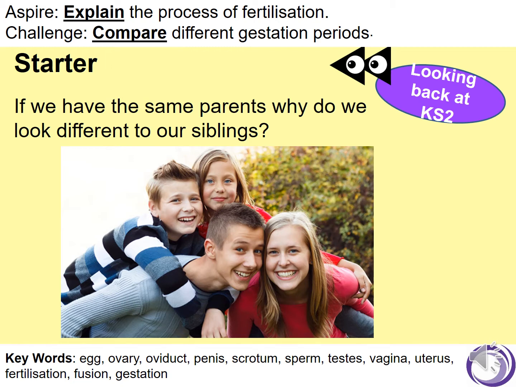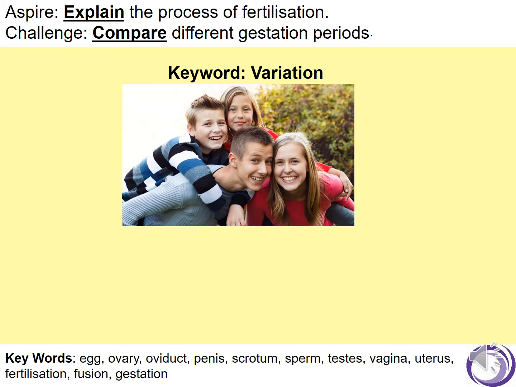We could talk about the shape of a face, etc. And of course, all of these factors are passed on from our parents. And as we have learnt about the word gametes, we should already know that our gametes contain the genetic code that we pass. So here is our keyword: variation.